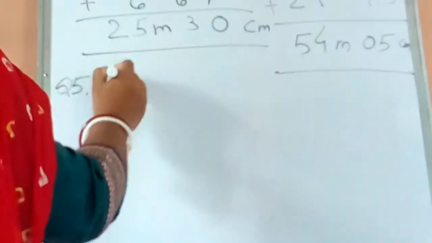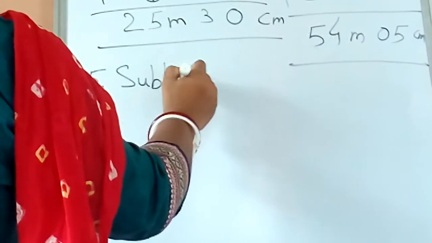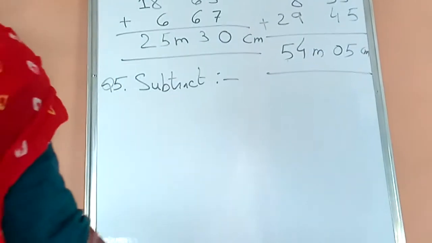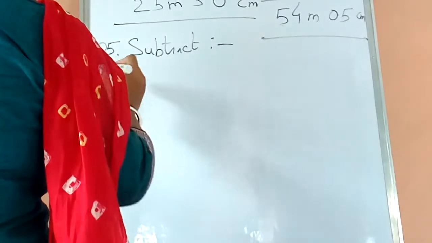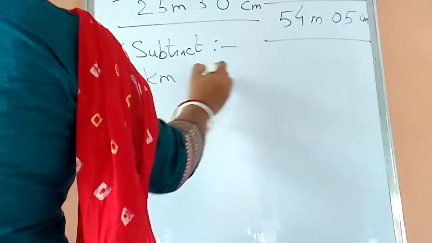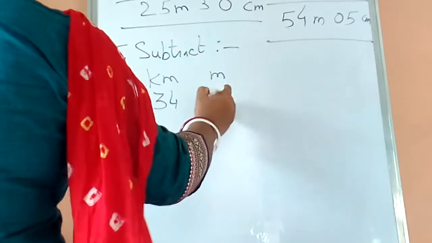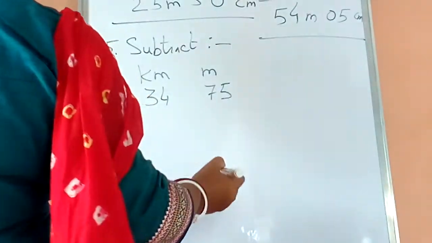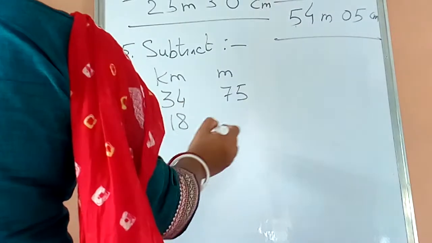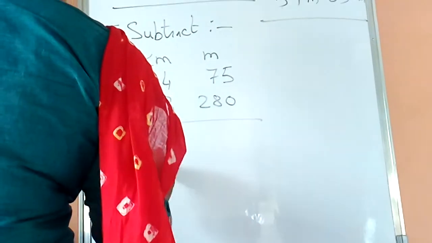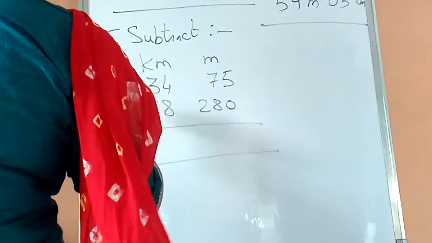Let's do some subtraction. Now subtract also you will arrange, then you will subtract. It is given kilometer and meter. 34 kilometer, 75 meter and 18 kilometer, 280 meter is given. You have to subtract.